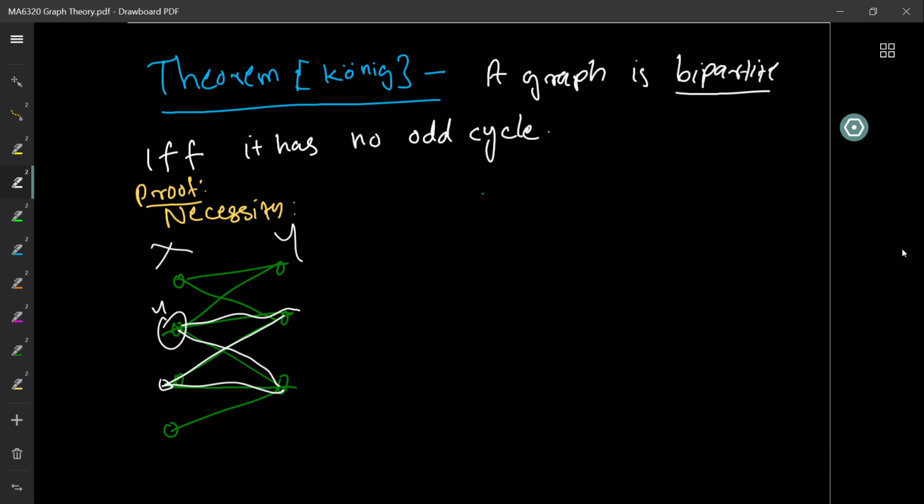So anytime I come back to the side X, I have used an even number of edges. Because I always use an even number of edges when I'm on the side X, the closed walk must always be of even length. And since there are no odd length closed walks, there cannot be an odd cycle in the bipartite graph. Okay, so this is the proof.